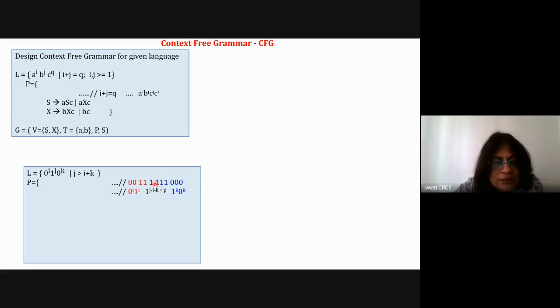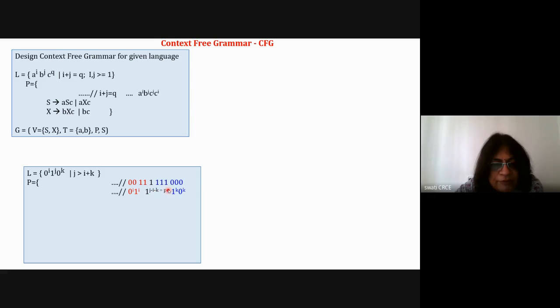Since i is equal to 2, two ones are here, so these ones are there for i number of times. I am rewriting this string as 0 raised to i, 1 raised to i, and then for the right-hand side portion, my zeros are for k times, so I'll have ones for k times: 1 raised to k and 0 raised to k.